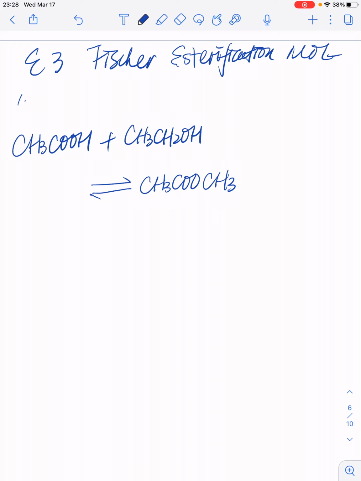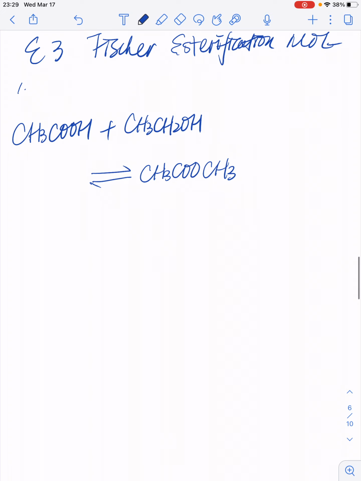Did I balance it? No, I have 3 oxygens on the left and I should have 3 oxygens on the right, right? What's missing? Well, we know that in the Fischer esterification reaction, you're creating an ester, and acetic acid will provide OH while ethanol will provide hydrogen to form a water byproduct, right?